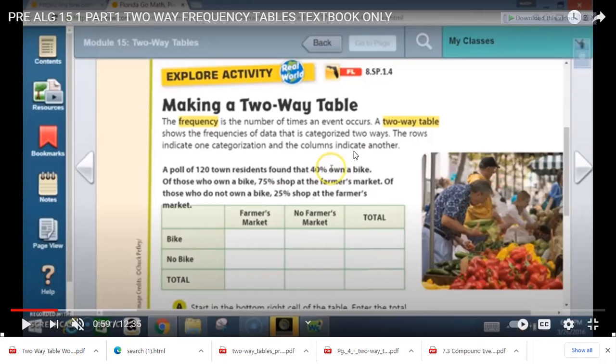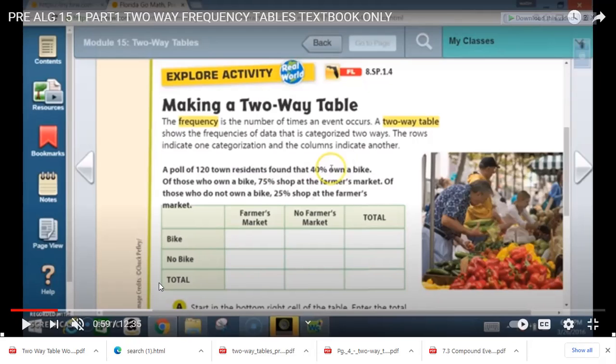The people in the town who have a bike and do not have a bike, exactly, and some people shop at the farmers market, and some do not shop at the farmers market. Thank you so much. So the two categories in this table are the people who have a bike or no bike, and the people who shop from the farmers market and don't buy from the farmers market.